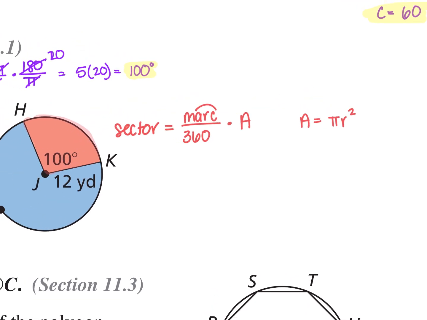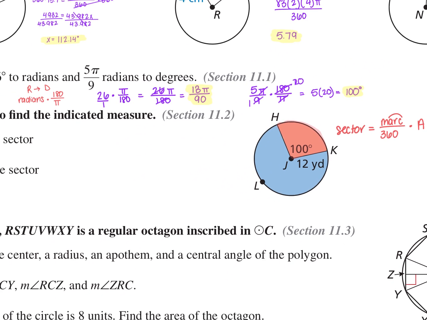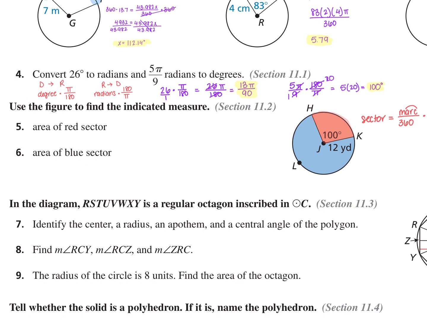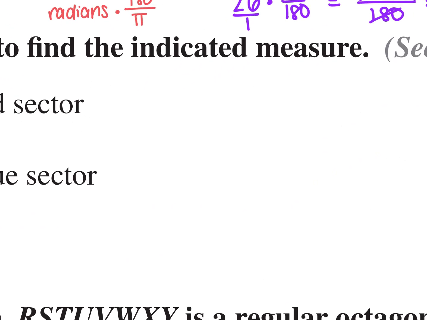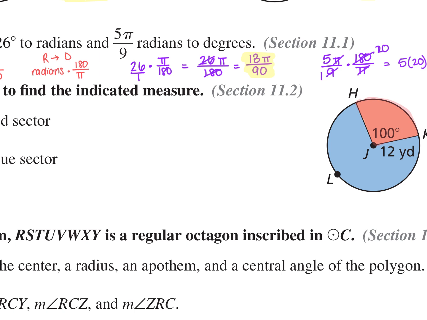Okay, so it can either be A or pi r squared, depends on what they're giving you. So with that being said, looking at this question, it says they want the sector area of the red section. Okay, find the area of the red sector. So using my formula, using what I know, they're giving me my radius, so instead of using my area, I have to use the formula for area.